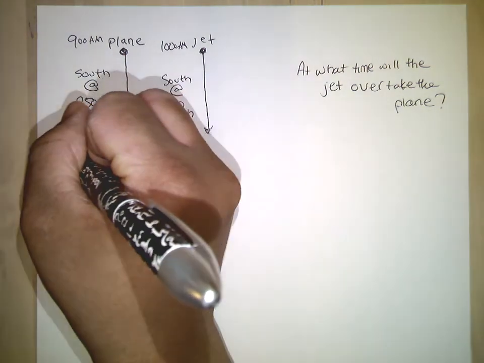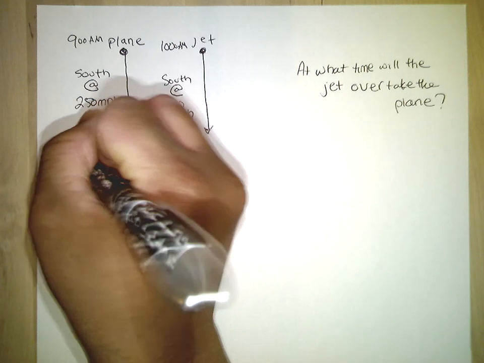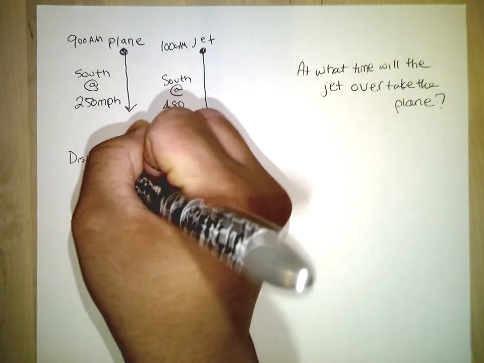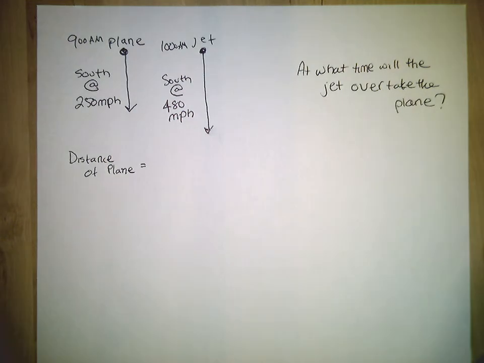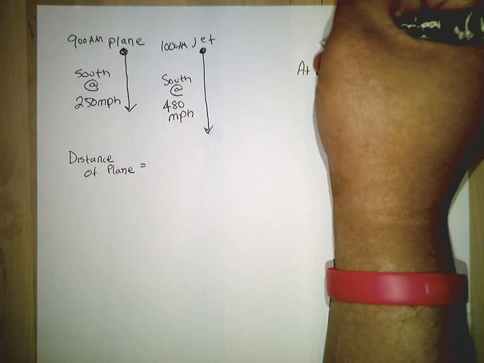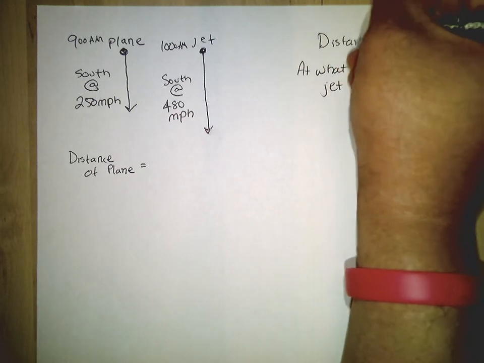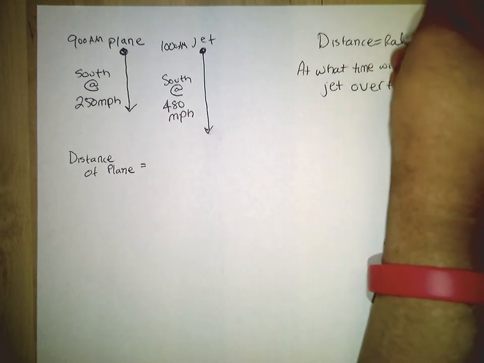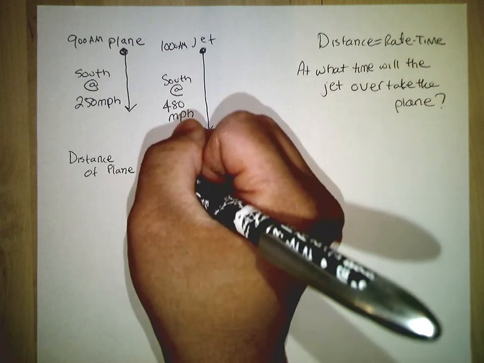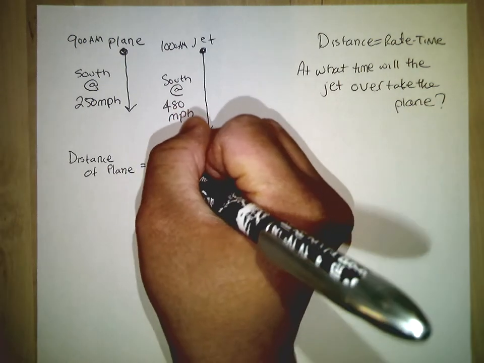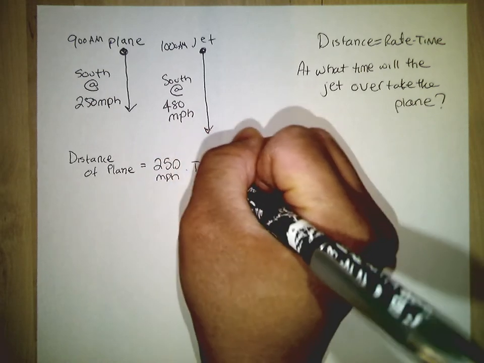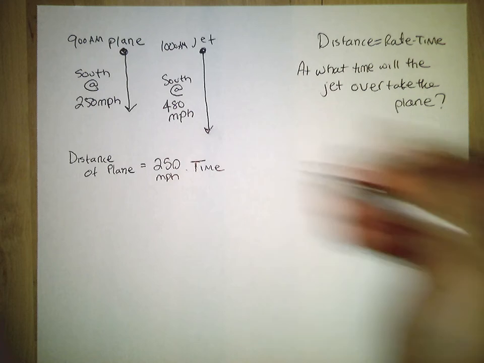So I know that the distance of the plane is equal to, now remember the formula, distance equals rate times time, right? So the distance of the plane is equal to 250 miles per hour times how far he gets, the time.